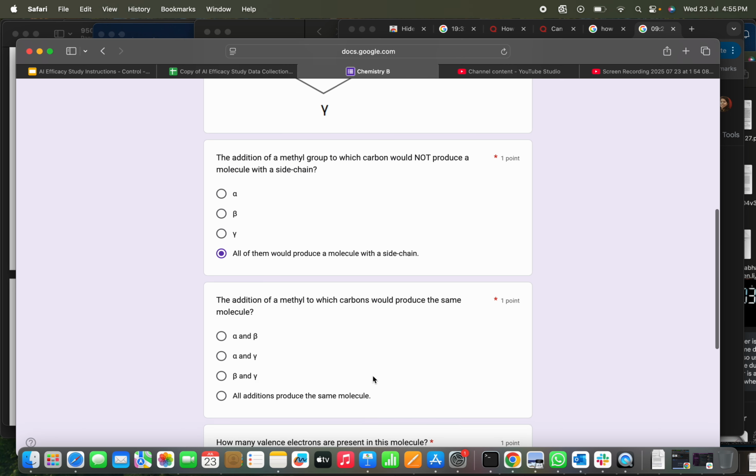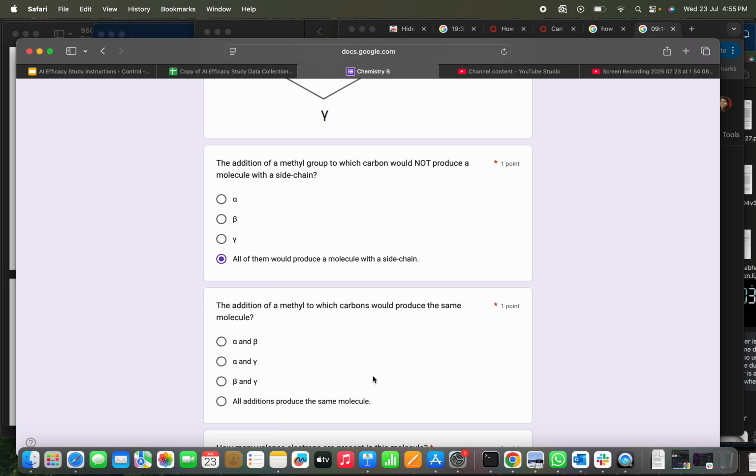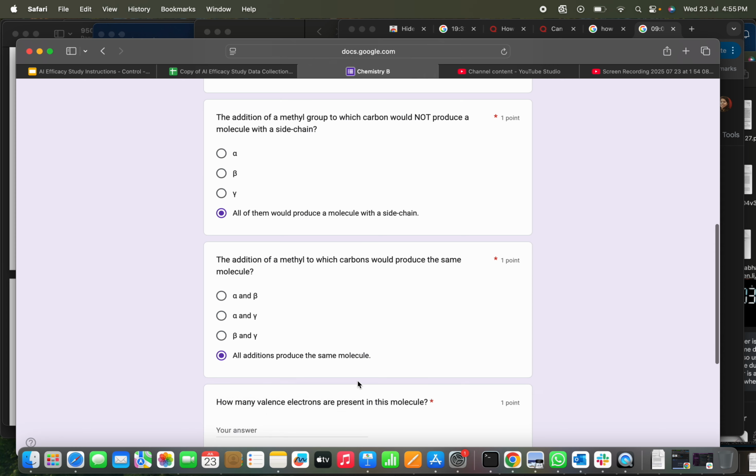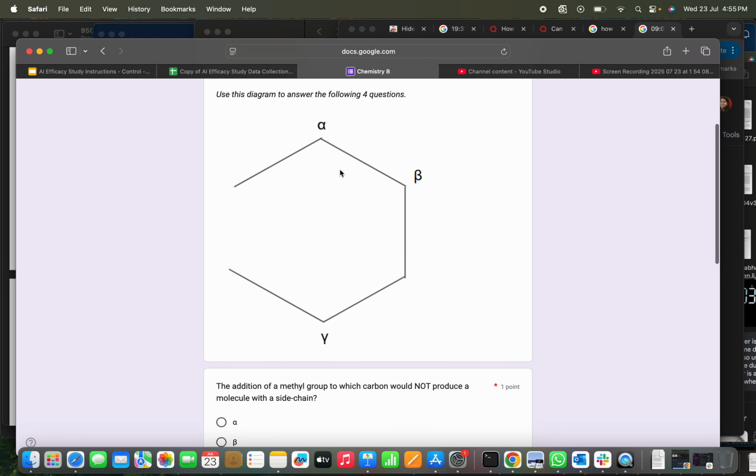The addition of a methyl to which carbon would produce the same molecule? Alpha. Yeah, I think if I added everywhere. How many valence electrons are present? So I have a C here, 1, 2, CH2, 1, 2.